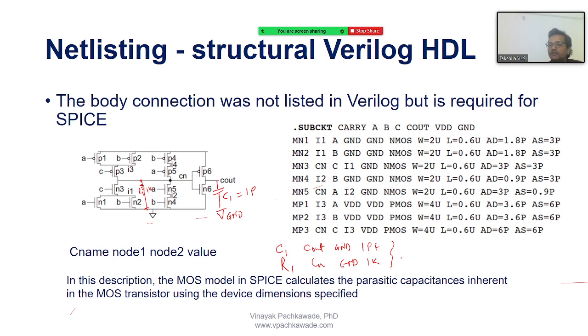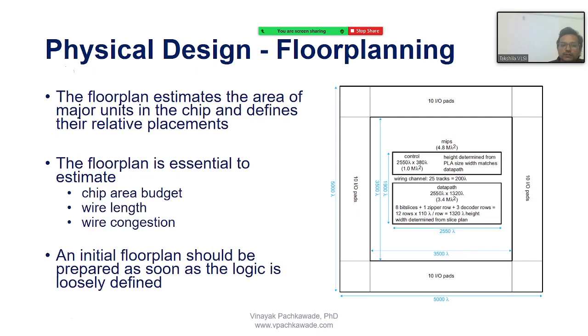Because we have specified the transistor dimensions: width, length, area of a drain, area of a source, etc. So once these parasitics are calculated, the R and C's in the circuit are calculated, and we can get the estimation of the time constant indicated by tau, right? That is the RC, that is the delay. Okay, we'll see in more detail as we move ahead in the course.